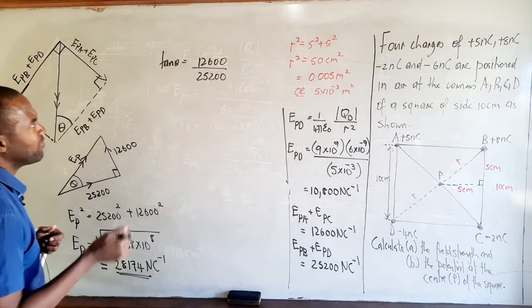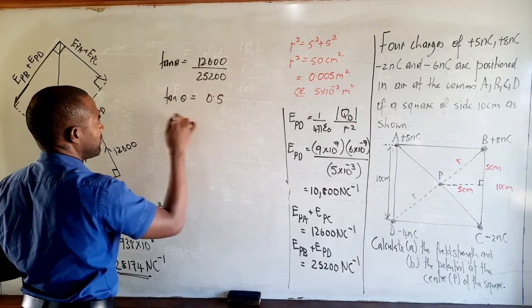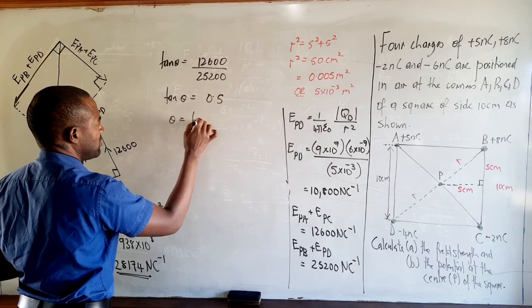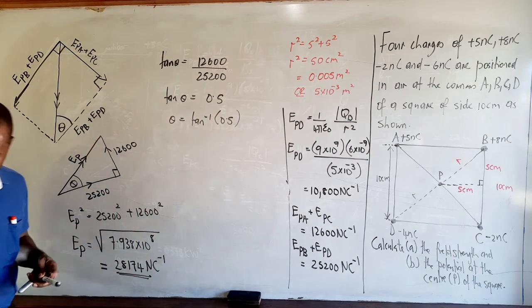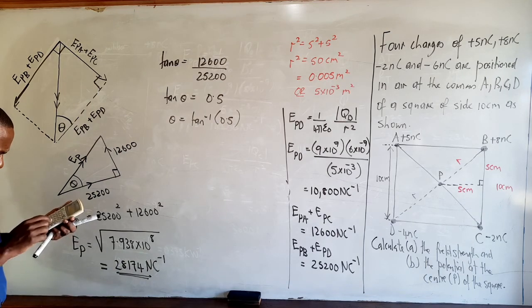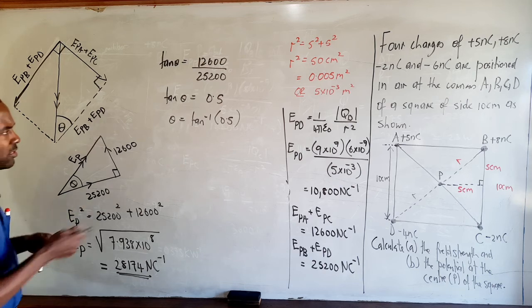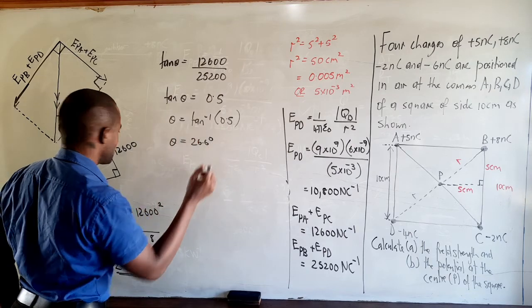Yeah, 0.5. So tan theta is equal to 0.5, and so theta is equal to tan inverse of 0.5. If I remember correctly, that should be about 26 point something. So second function tan 0.5, right, 26.6 degrees. So therefore theta is equal to 26.6 degrees.